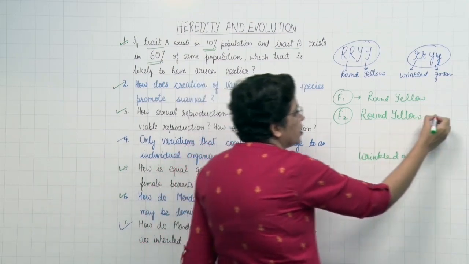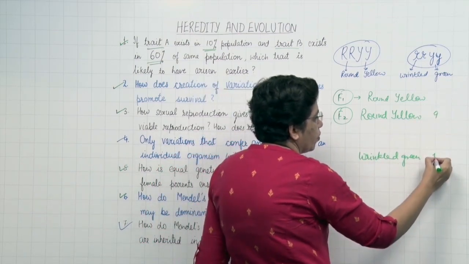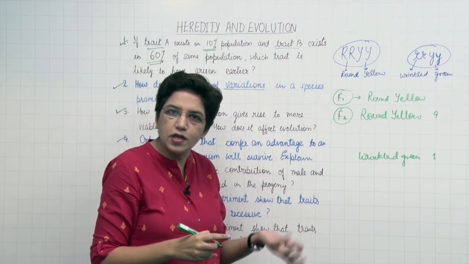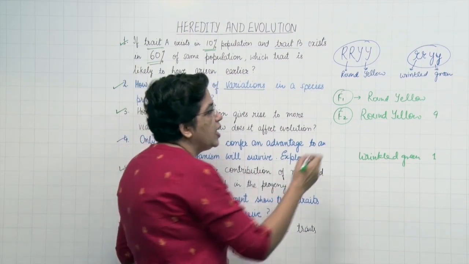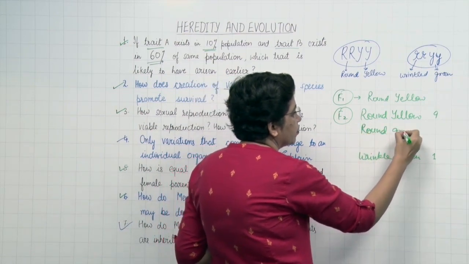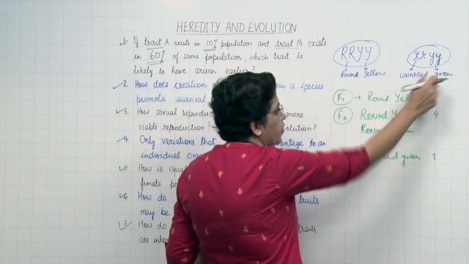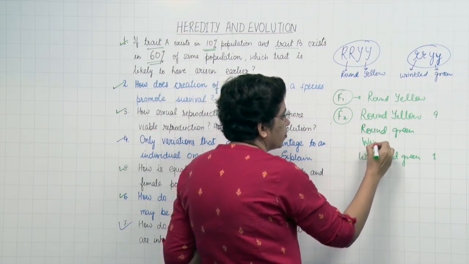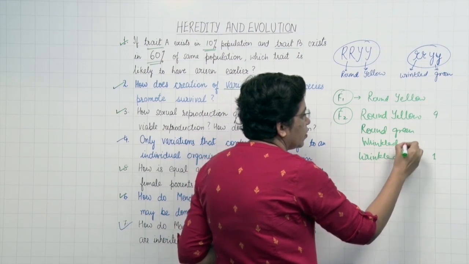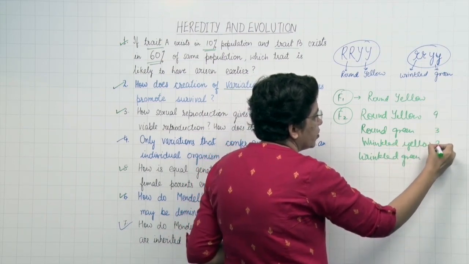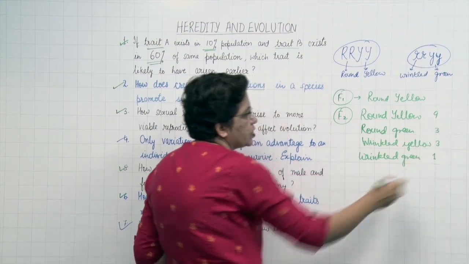But a new type of plant was observed in F2 progeny. They were round with green, and another was wrinkled yellow. So the ratio was 9:3:3:1.